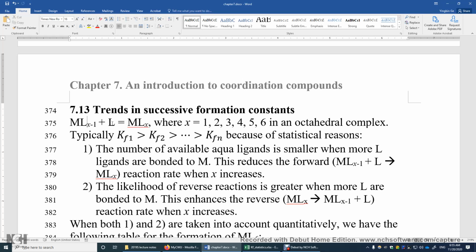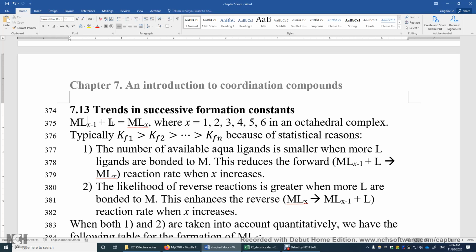Now, if you're looking at the next replacement reaction, the second ligand L can replace only one of the 5 aqua ligands, right? And then if you're looking at the transition metal, now with only 4 aqua ligands and 2 L ligands, the next L has only 4 options. It can only replace one of the 4 aqua ligands, and so on.